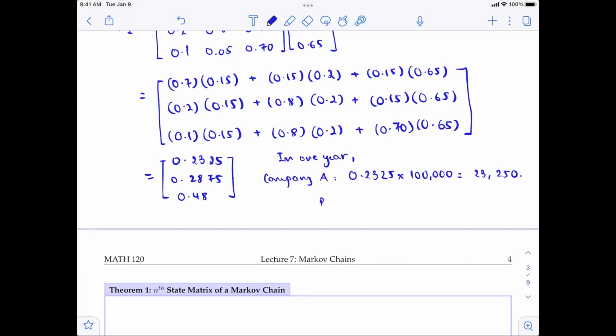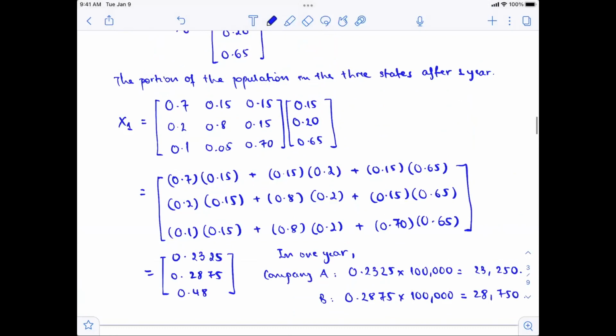And after 1 year, company B will have 0.2875 times 100,000, equal to 28,750 subscribers. Okay, so that's the example. It's a very realistic example that helps you predict the future, right? So after 1 year, company A has this many subscribers, and company B has about 28,750 subscribers.